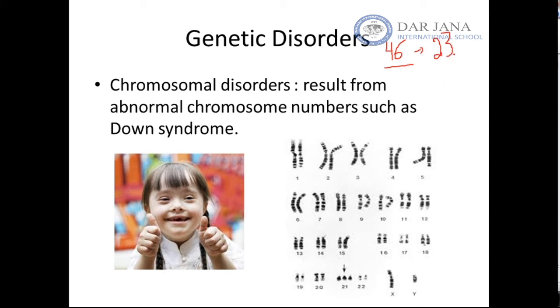Of course, if we have less or more than 46 chromosomes, this will lead to having an abnormal chromosome number or a chromosomal disorder. Look at the karyotype in the case of Down syndrome. We can realize here that we have one extra chromosome. So this leads to a chromosomal disorder, and in this case we call it Down syndrome.